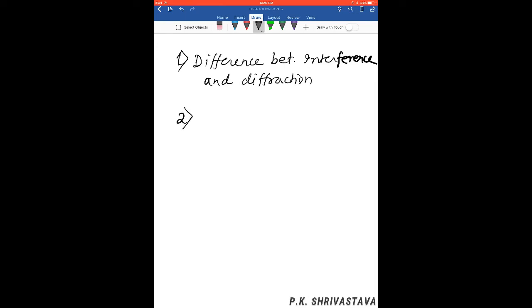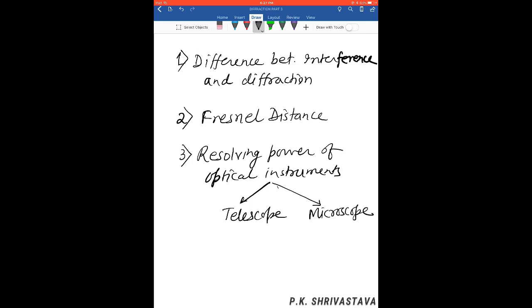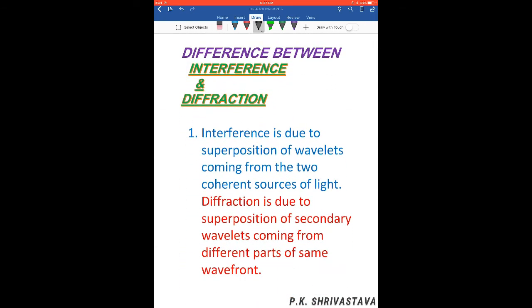The second topic is Fresnel distance, and third topic is resolving power of optical instruments. We take the case of telescope and microscope. So let us start with the very first topic of today's discussion, which is difference between interference and diffraction.